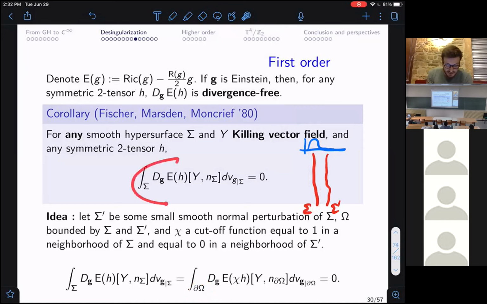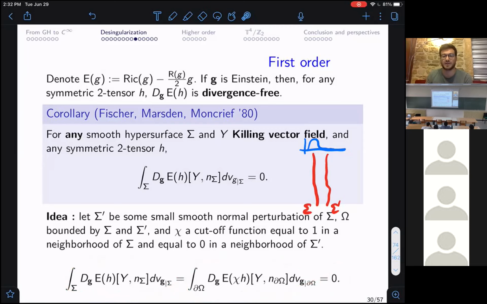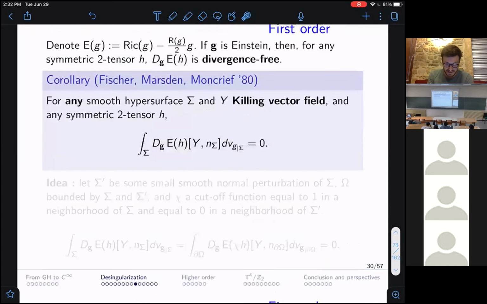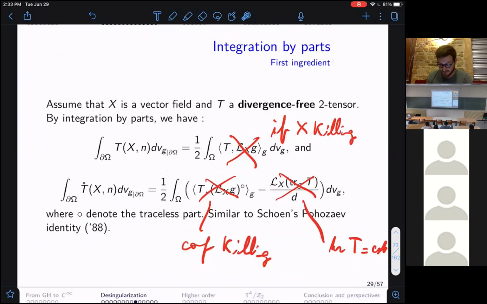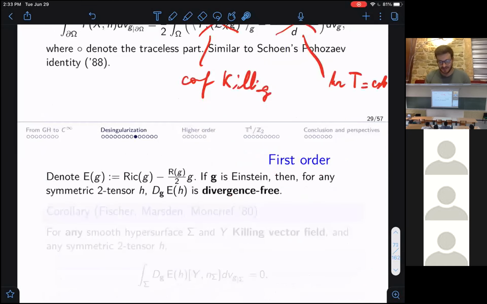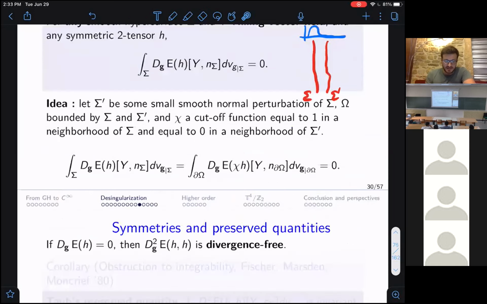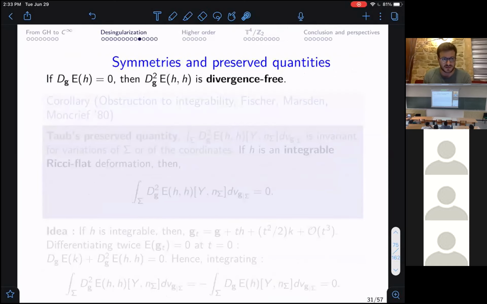And so this integral here is just equal to the whole boundary term, which is 0 because we have a Killing vector field. So the right-hand side in the previous formula vanishes, and you have just this thing equal to 0. That's a very simple proof, but that's a deep result. Let me mention that this was done in the Lorentzian setting, and I'm extending it to the Riemannian setting with exactly the same proof, and I will give you some other extension of this.